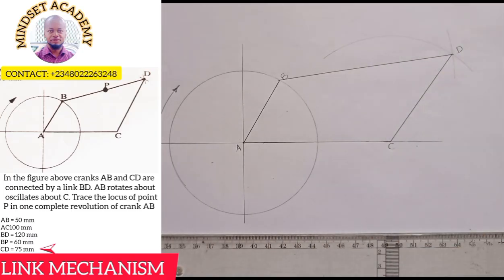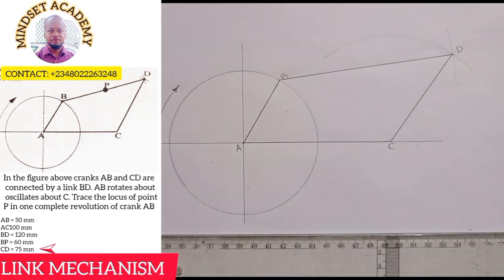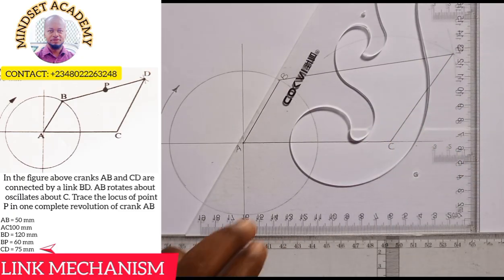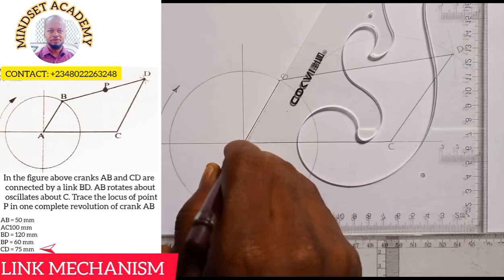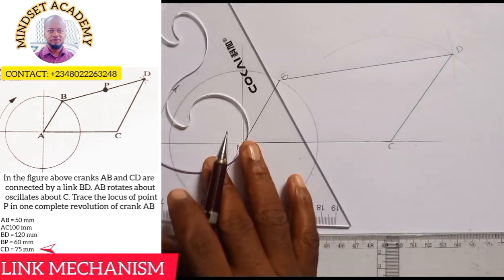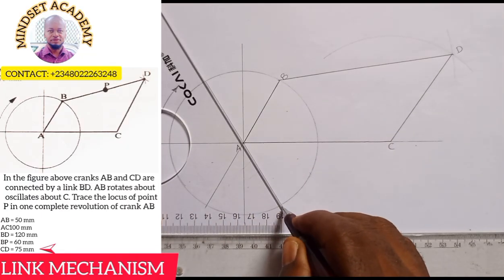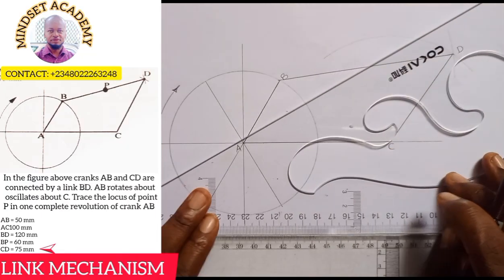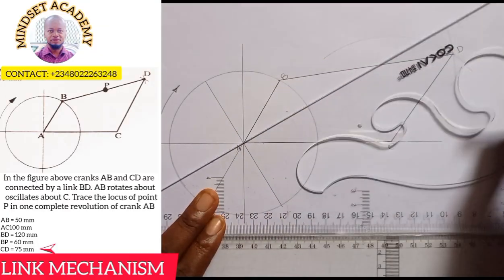I will do it together now. So the path, what I'll do first of all, I'll divide it into 12. Take your instrument and place it at this point here. On my T square, I have this. I'll turn it this way. I'll have this. I'll lie down. I'll have this. I'll turn it this way.